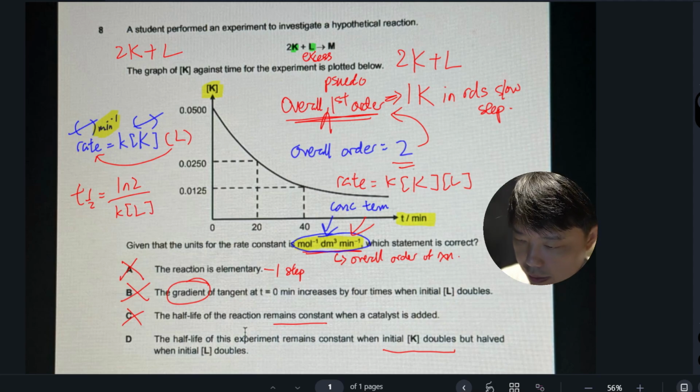Okay, so what is actually going to affect your T half is your L. Okay, so when K doubles, nothing will happen to half-life, but when L doubles, your T half will halve. Okay, because L doubles, your T half becomes half mathematically. Okay, so our answer here is D.